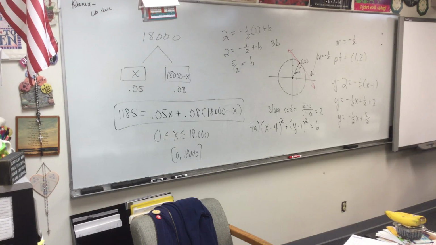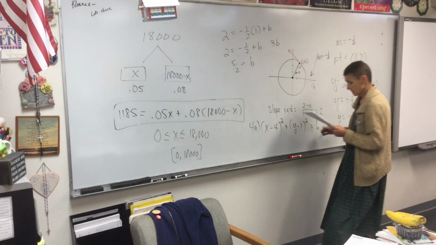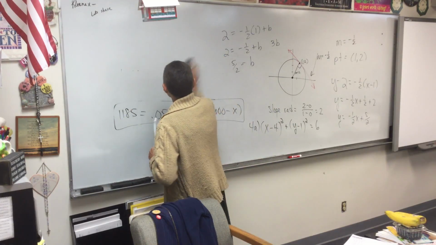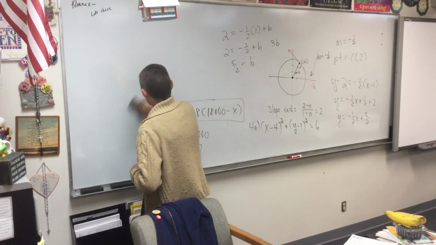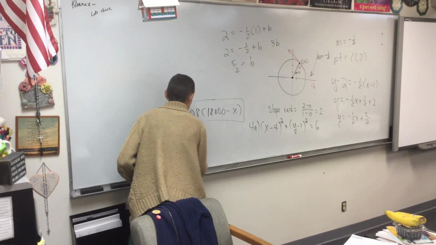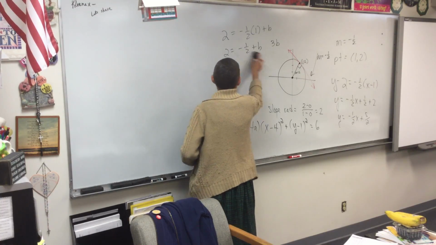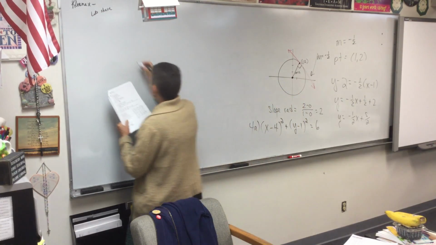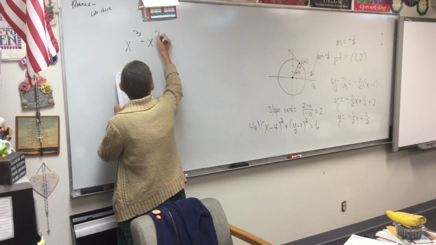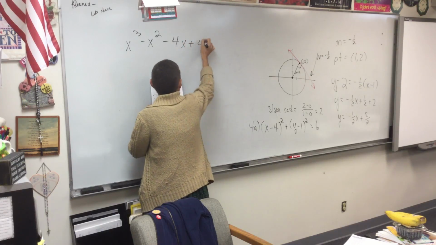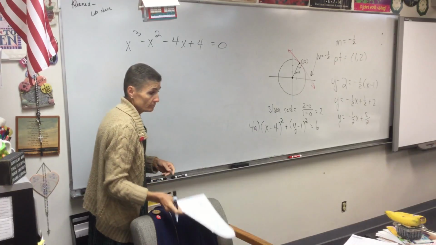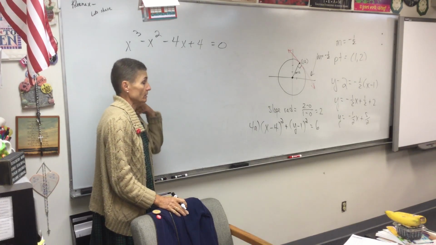Can you go over how to do number 5E? 5E. Yes, that was my question. This is an equation and it says solve without a calculator. Okay, solve without a calculator.